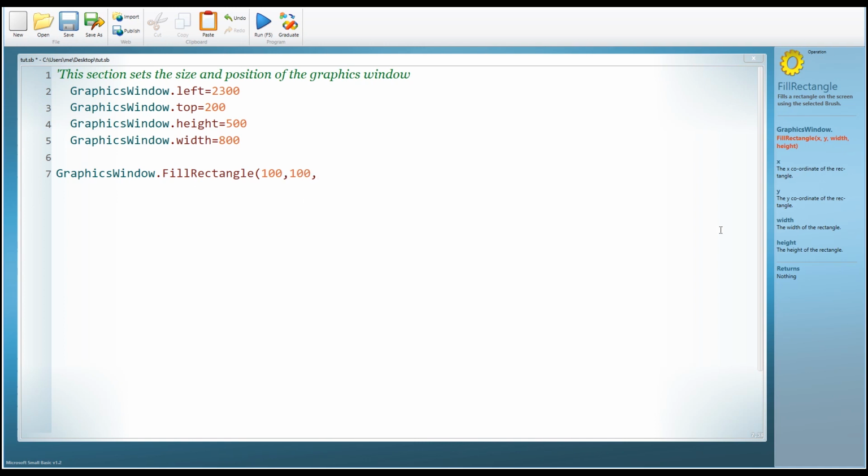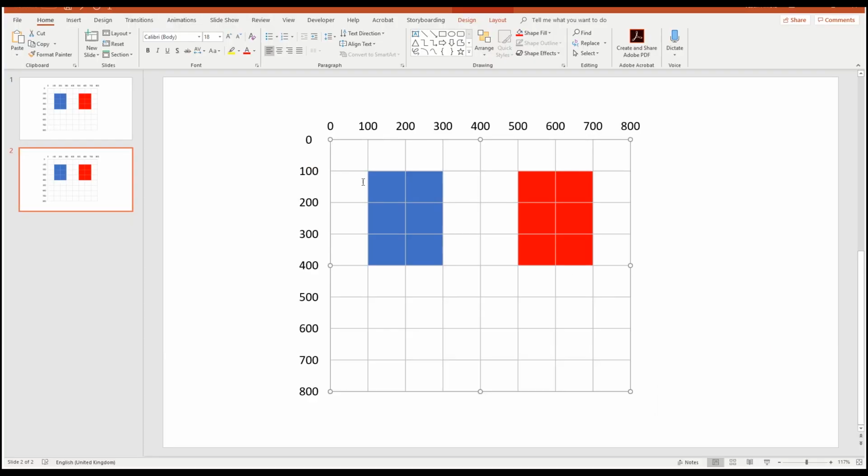Now the next two values we need, as you can see here, are width and height. So let's look at the width first of all. Now these are marked in 100s. I tend to use 100 as my main block. Obviously you can go in 50s or even 10s if you want, but it gets a bit fiddly. So my recommendation is, to begin with at least, start with these squares being 100 steps in each direction.